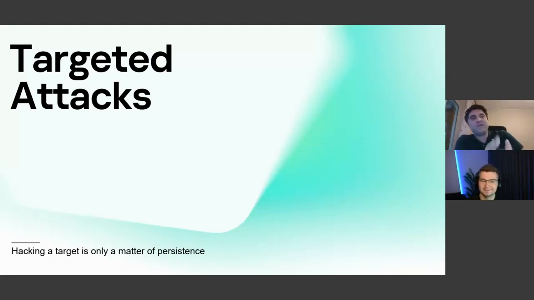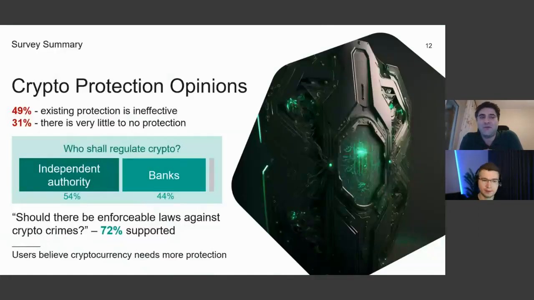Yeah, but there's something interesting that we discussed before the webinar, and if we look at the past slide, we can see that 44% of the people said that they would like crypto to be regulated by banks.